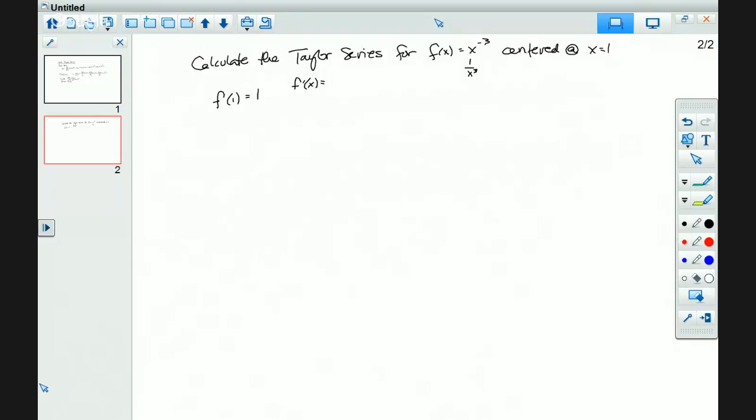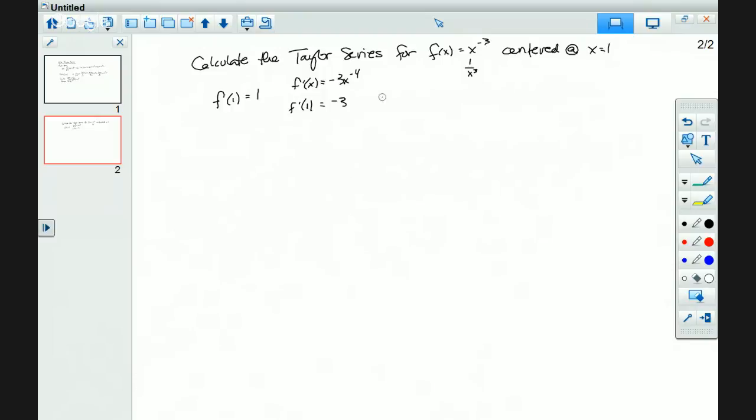Negative 3 x to the negative 4. Yeah, these are easy derivatives. And then f prime at 1 is negative 3.